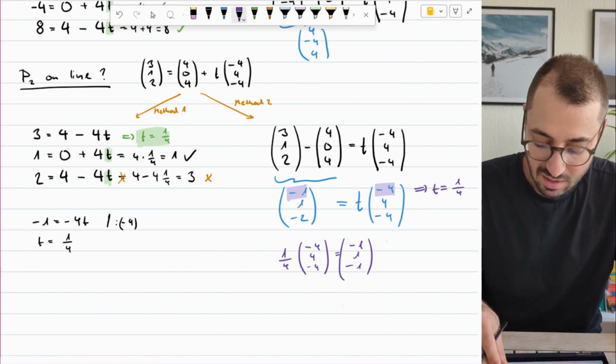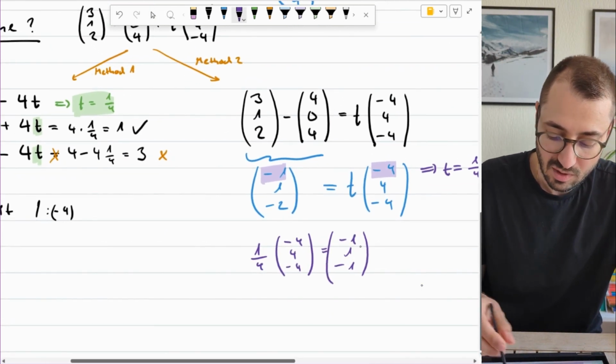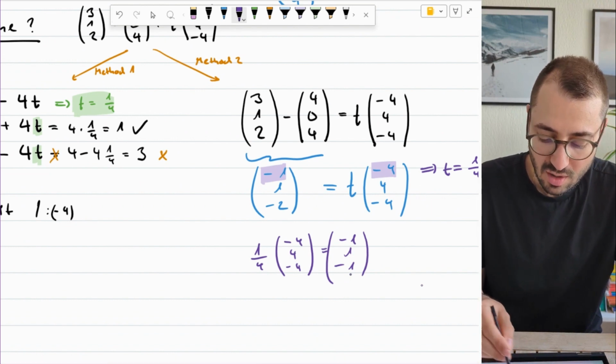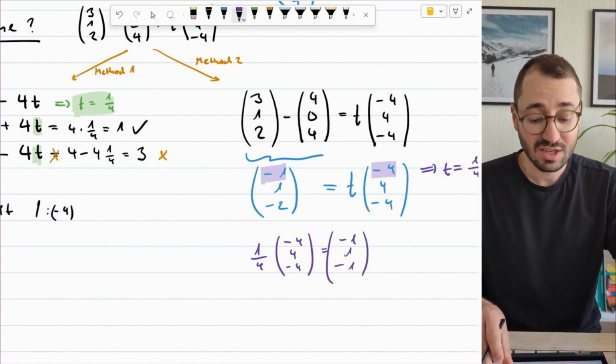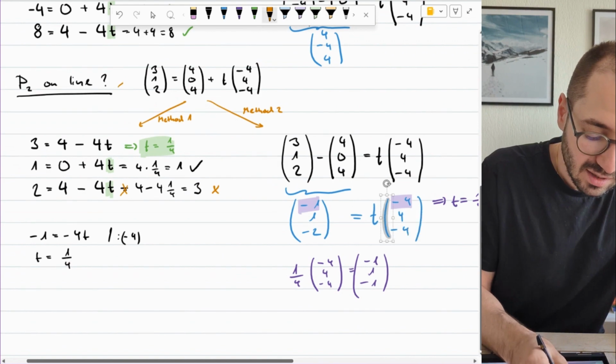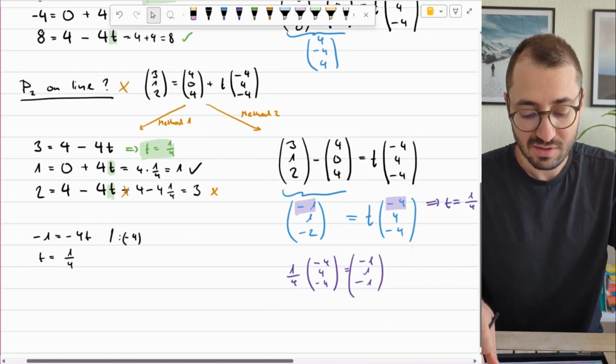Again, that's a contradiction. The first two components are correct, we have -1, -1, 1, 1, but the last one should be -2. So again we got this contradiction, and we know that P2 doesn't lie on the line.